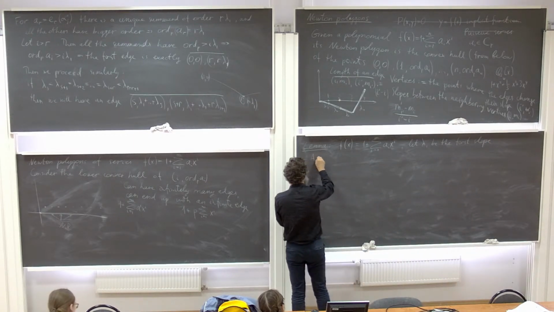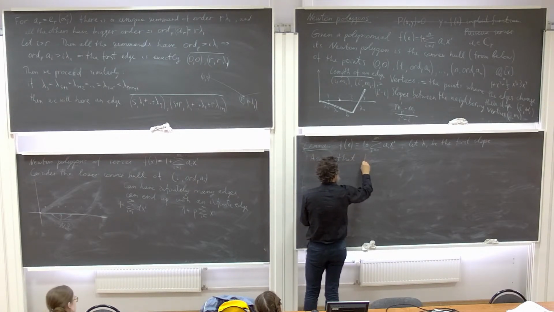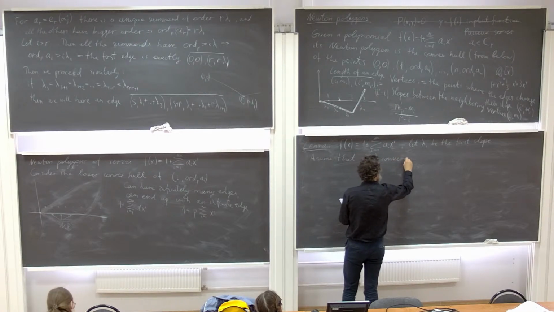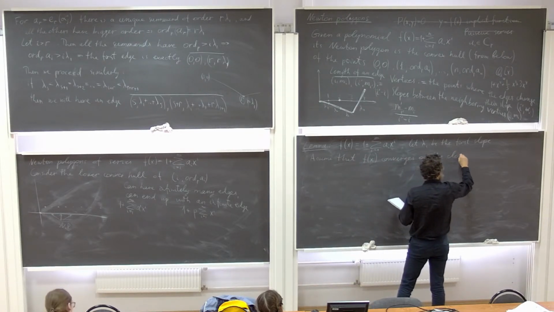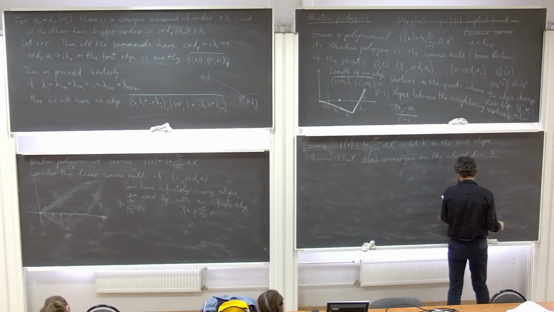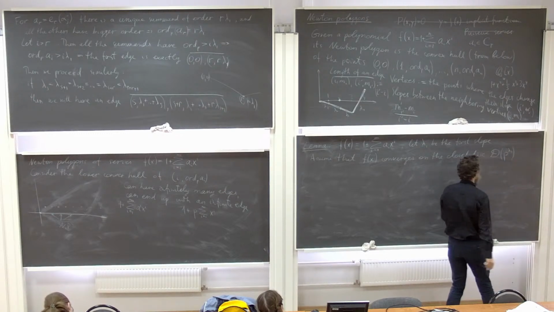So assume that f of x converges on the closed disk with center at 0 and with radius lambda 1.